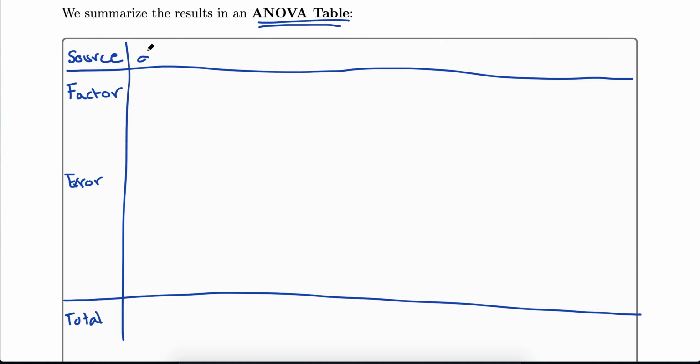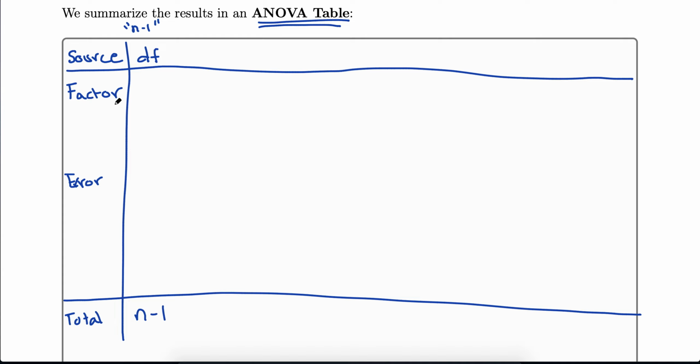Now the next piece is our degrees of freedom. You can think of it as kind of our n-1 in a way. For the total degrees of freedom, it is actually n-1, total number of observations minus 1.